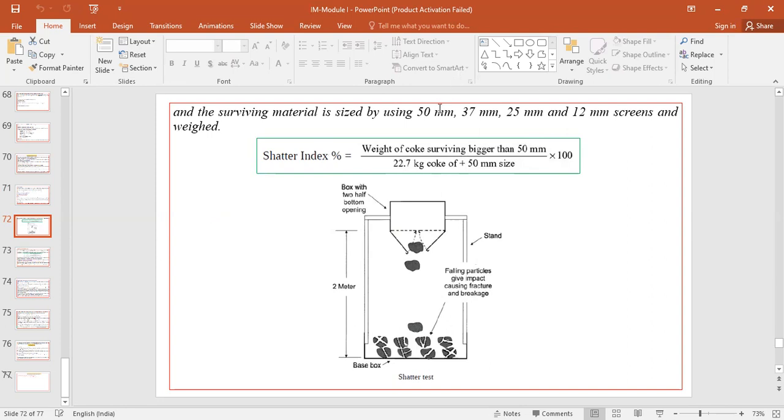You need to arrange the sieves in this sequence. The finest will be at the bottom. At the bottom you have 12 mm, then 25 mm, then 37 mm, and at the top most you have 50 mm.